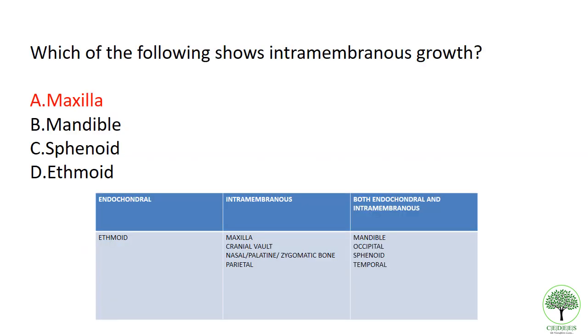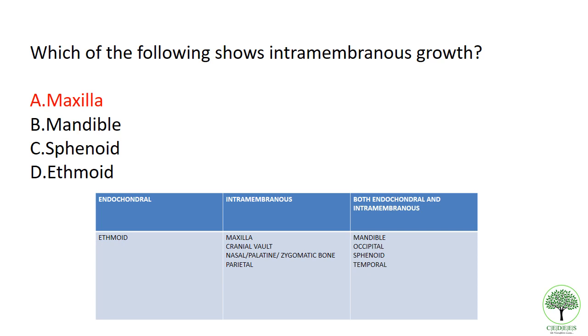This is a popular question on which of the following shows endochondral growth, which of the following shows intramembranous growth, or which of the following shows both intramembranous and endochondral growth. In this particular question, the options for which shows intramembranous growth were maxilla, mandible, sphenoid and ethmoid, and the right answer was maxilla, because maxilla is a bone that shows completely intramembranous growth.